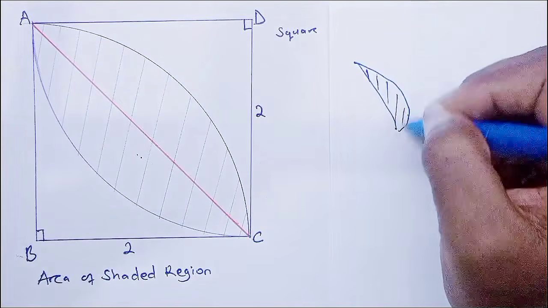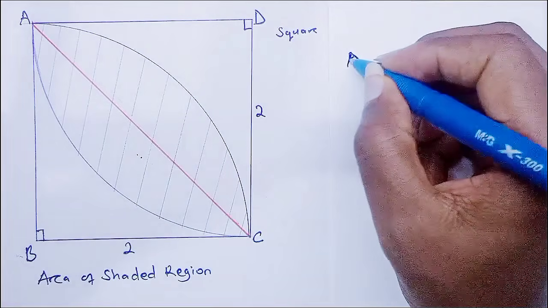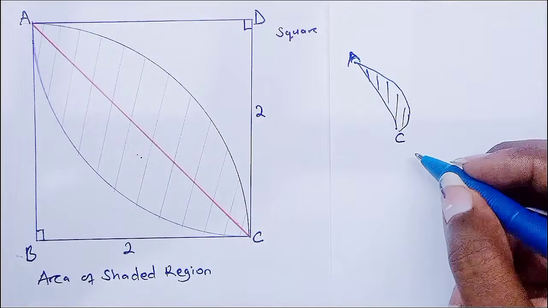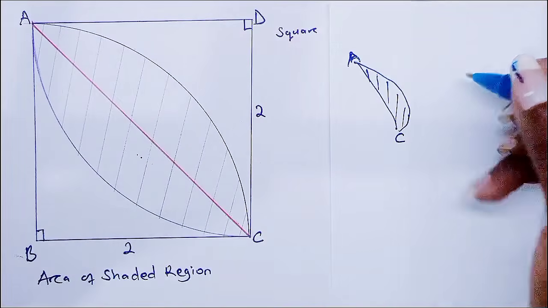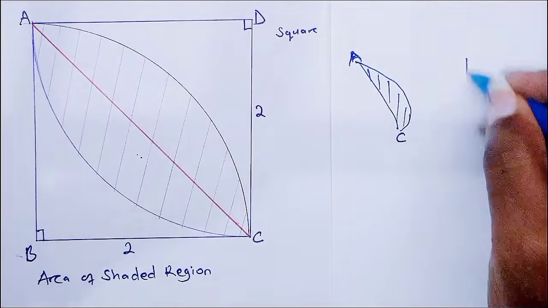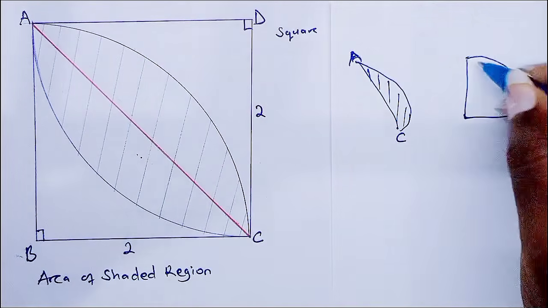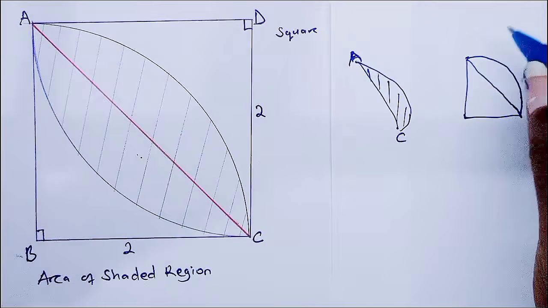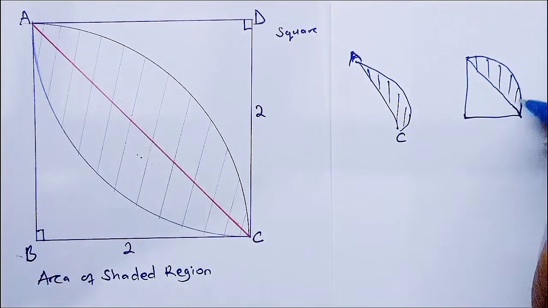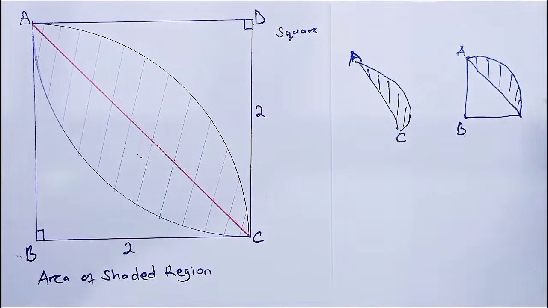This one, where this is A and this is C. Okay? And also we're going to look at this here, where this is A, this is B, and this is C.